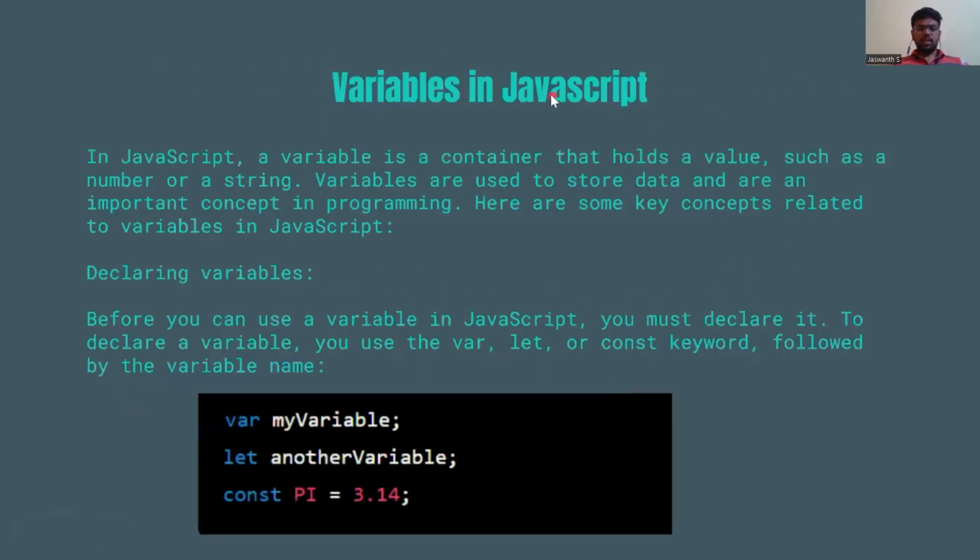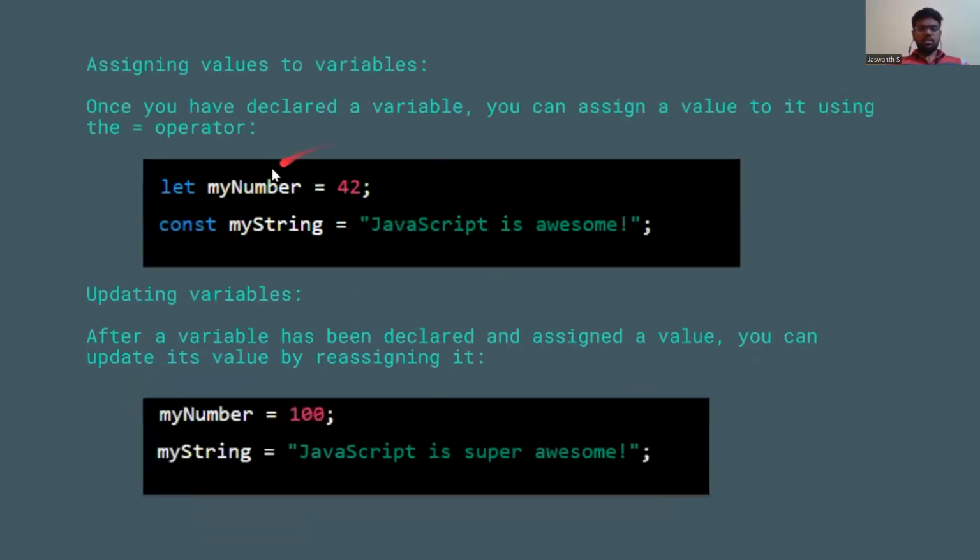Next is variables in JavaScript. There are three types of variables: var, let, and const. We can declare them like this: var, let, and constant is const. And how do you assign it? Normally you assign it using the equal operator. You can assign strings, numbers, any of the data types which we discussed earlier to this let, const or other.